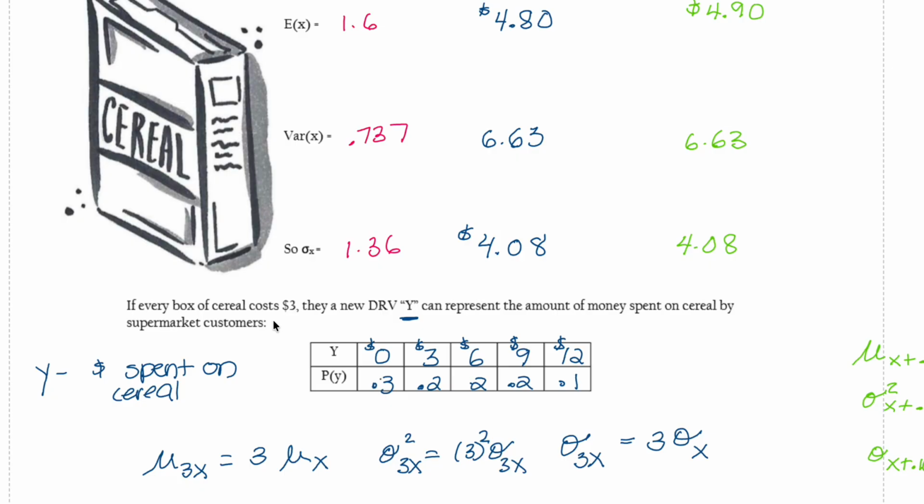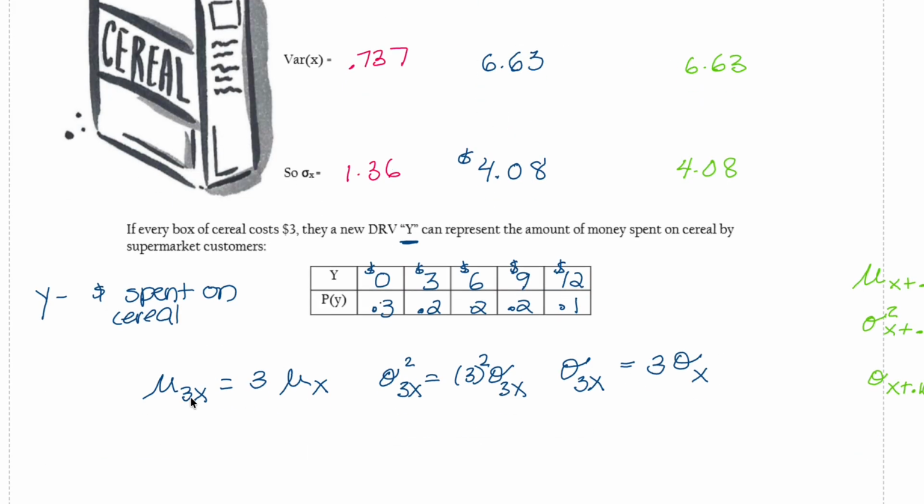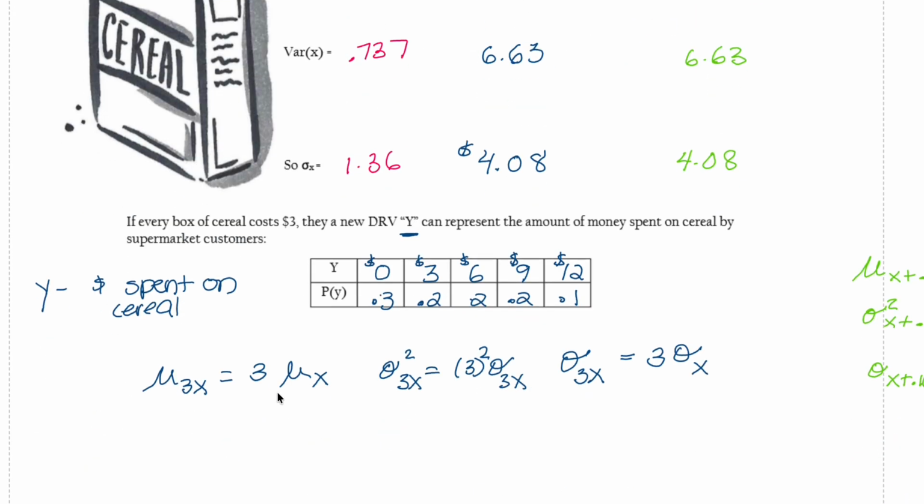Therefore, we can find values related to this table, like the expected value of y, the variance of y, and the standard deviation of y. Let me show you some very good tips for calculating these. Basically we just multiply everything by 3 compared to x. For the expected value, you just multiply the expected value for x by 3, and that's your new expected value for y.